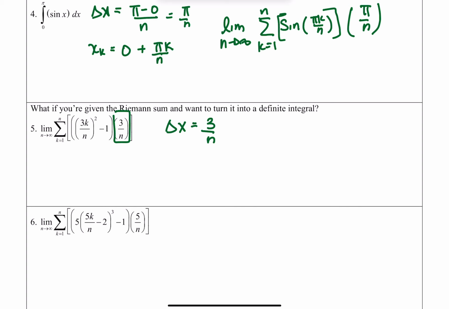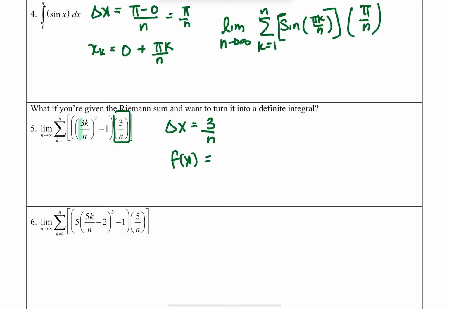Now, to figure out what your a value is, we're going to see our substitution first. Let's actually do that first. Let's figure out what f of x is based off of my substitution. So notice how here, if delta x is 3 over n, then I'm going to have 3k over n squared minus 1.